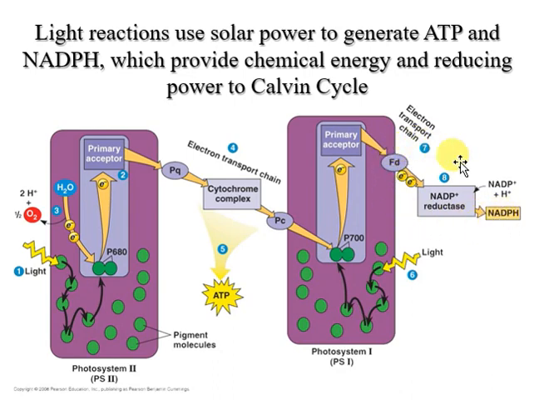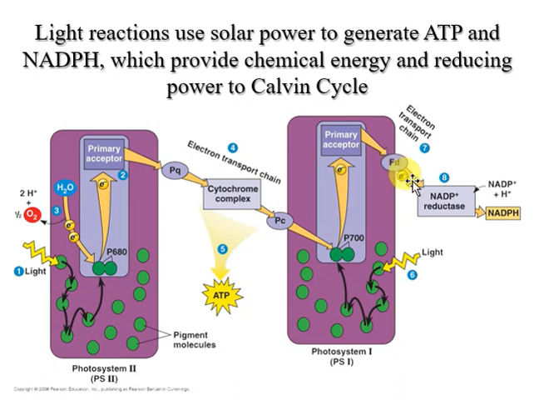So in this chain, you have your primary electron acceptor, and it's going to transfer electrons to this protein, ferredoxin.